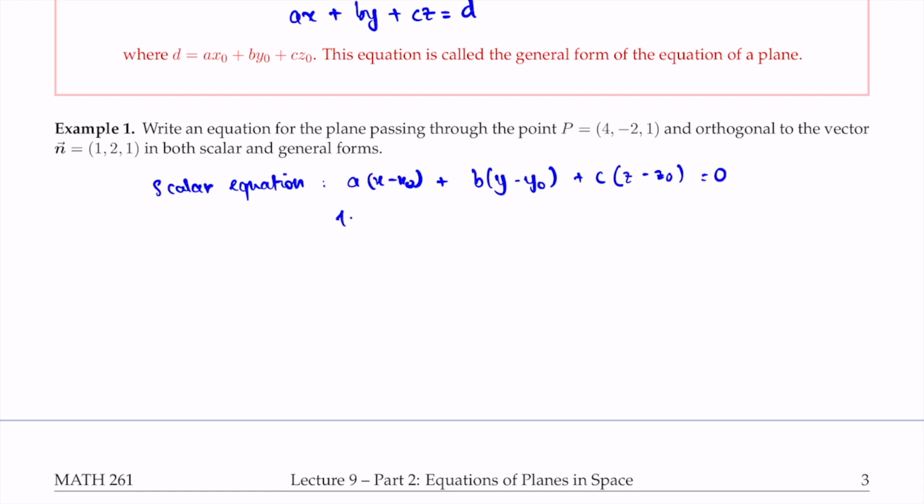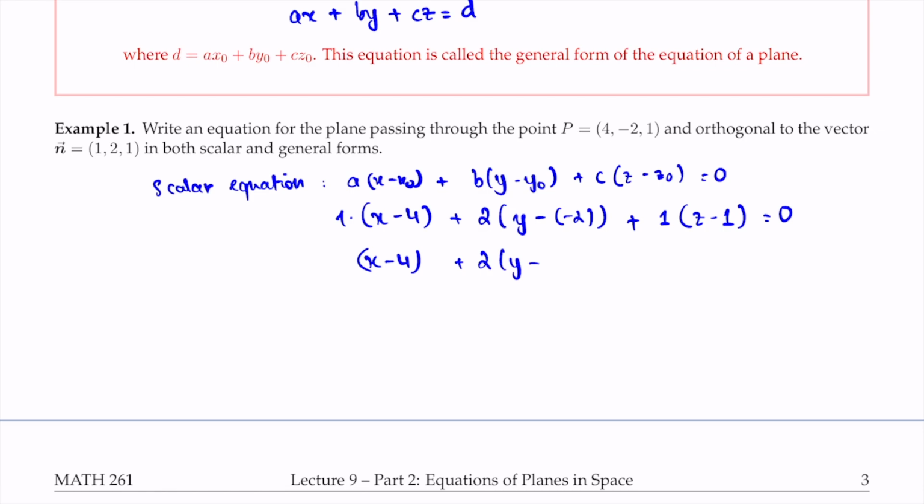So you got 1 times (x - 4) plus 2 times (y - (-2)) plus 1 times (z - 1) is equal to 0. So if you simplify this equation, you get (x - 4) + 2(y + 2) + (z - 1) = 0. So this one is the scalar equation of the plane.